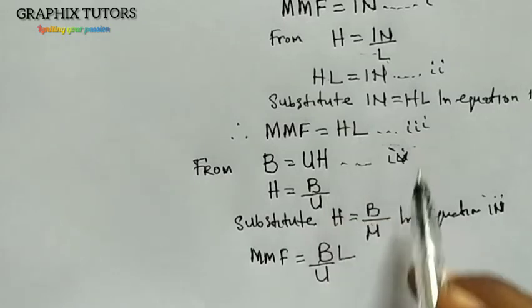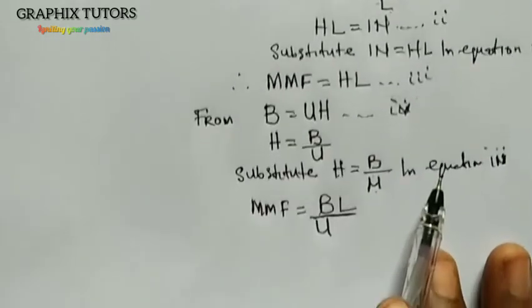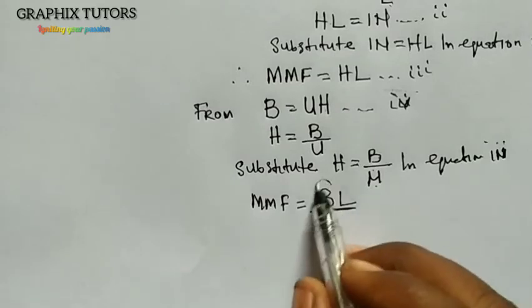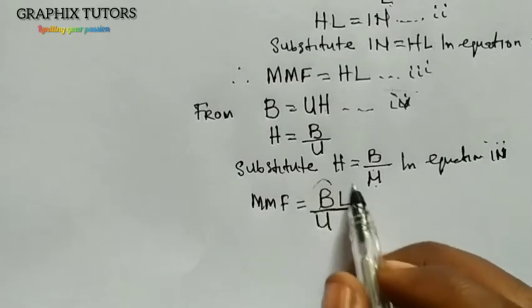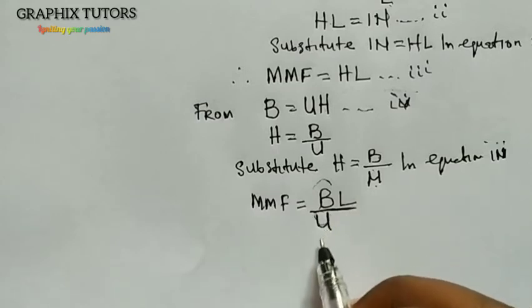So instead of H, I'm putting B, times the L. So my MMF is equal to BL over mu, where my B is called magnetic flux density, my L is the length of the material, and my mu is called permeability.